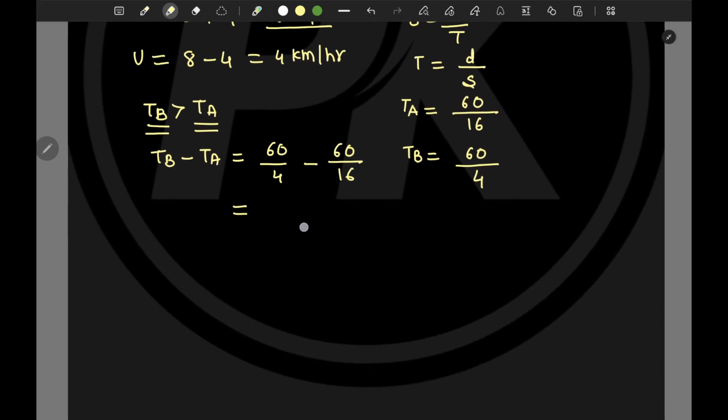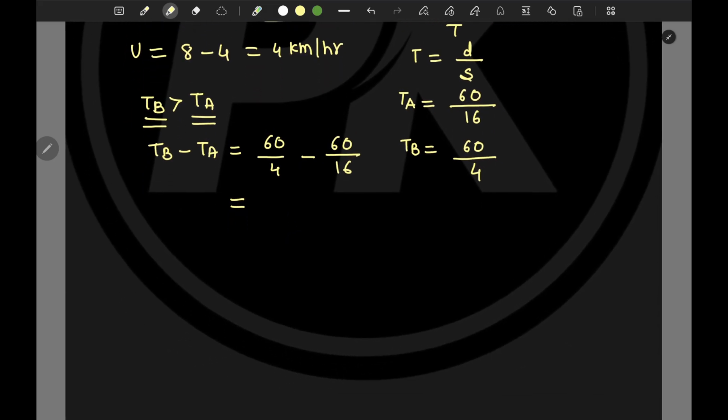To have the same denominator, I'll multiply the first term by 4. Now my new equation will be 240 divided by 16 minus 60 divided by 16. Now see, my denominator is the same and hence I can subtract, and 180 divided by 16 is the answer.